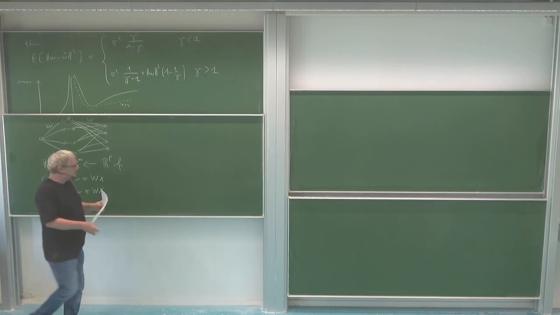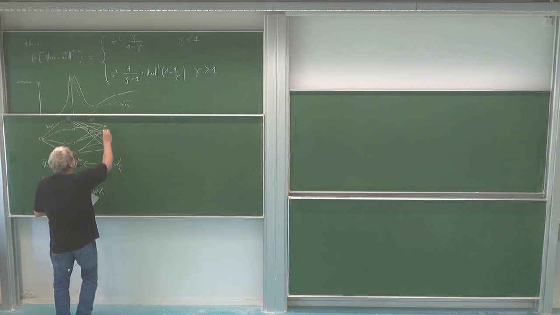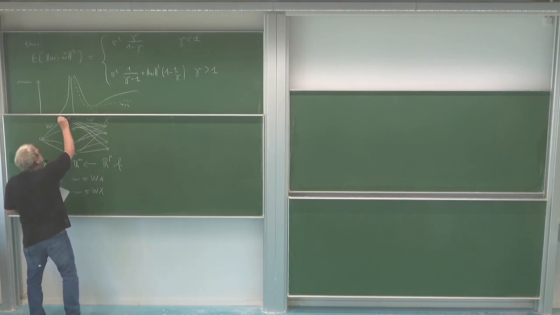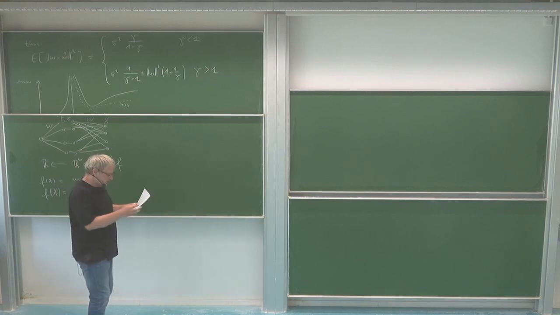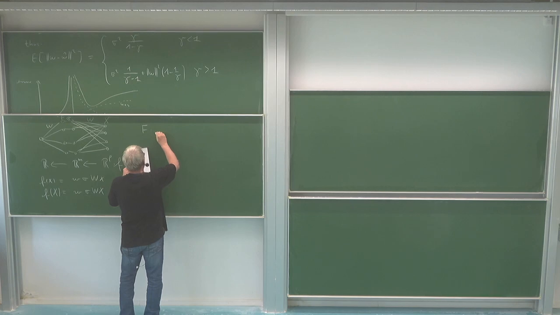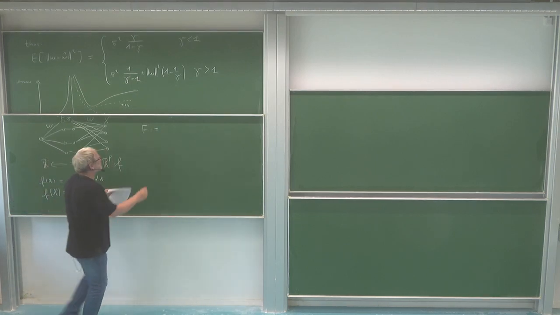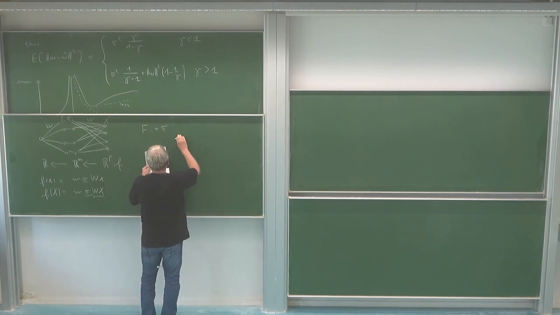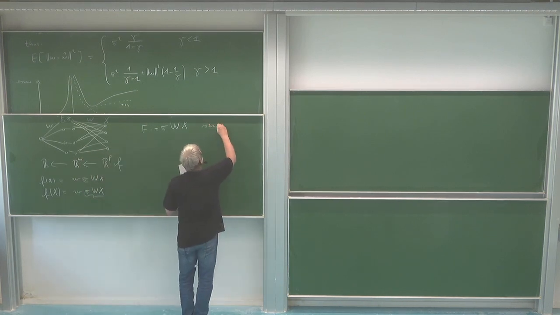If I put in my X, then what I get here, let me call it F, is the feature matrix. So F is sigma W applied on my data matrix X, and these are my random features.